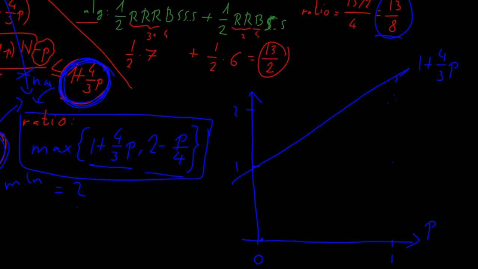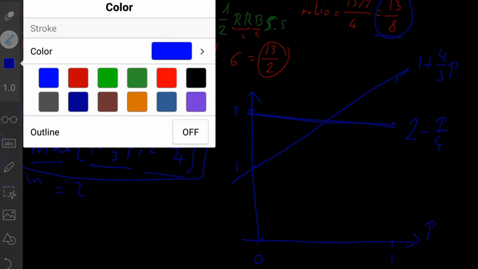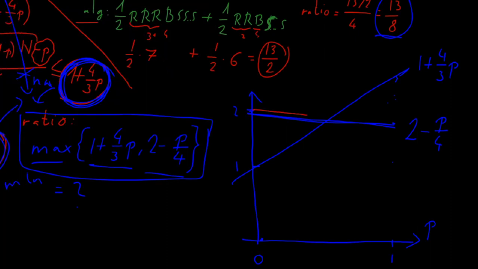And for 2 minus P over 4, it will be something like this, just below 2 at P equals 1. Of course, these two things are both straight lines. The maximum of these two lines is this guy here, and I have to minimize this red line.